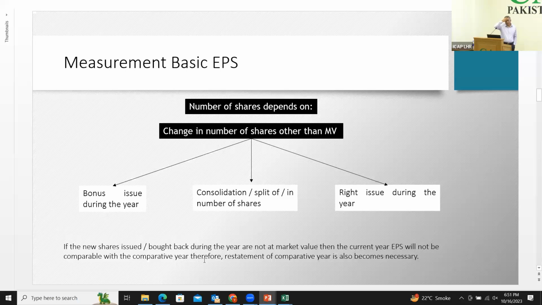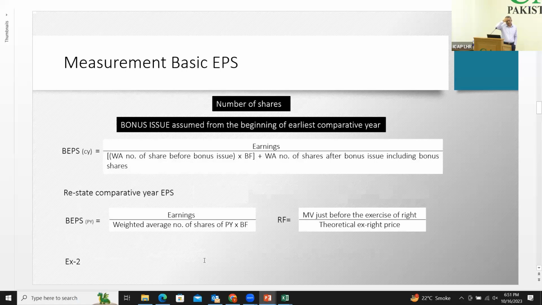If it's a bonus issue, then you will also restate your comparative year. You will calculate a factor, which will be the total number of shares after the bonus issue divided by the total number of shares before the bonus issue.